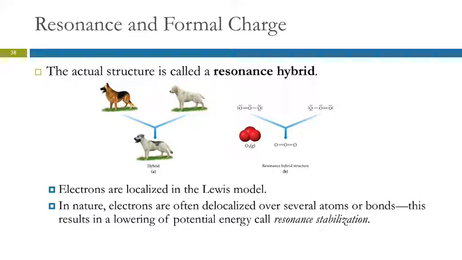Lewis theory doesn't do that. In Lewis theory, the electrons are localized. They are attached to or between specific atoms. So this is the actual structure, but we can't really represent it well. So all we do is we draw all the possible resonance structures and put double-headed arrows between them.